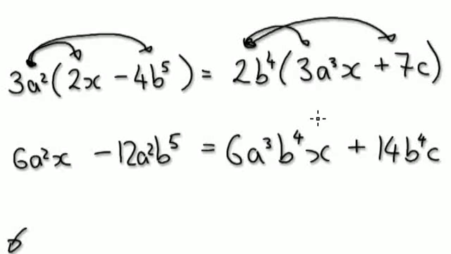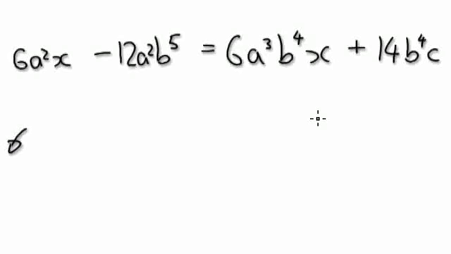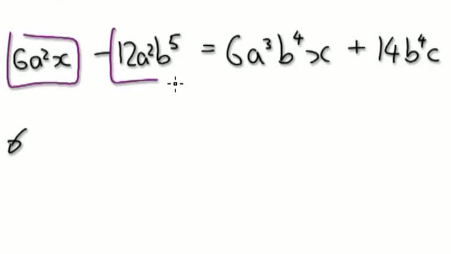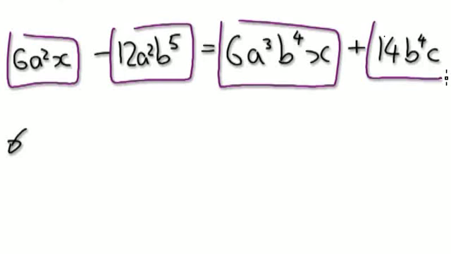Okay? So now visualize it as this. You've got this block here, take away this block here, equals this block here plus this block here. x is in this block, x is in this block. So let's move this across to the other side.